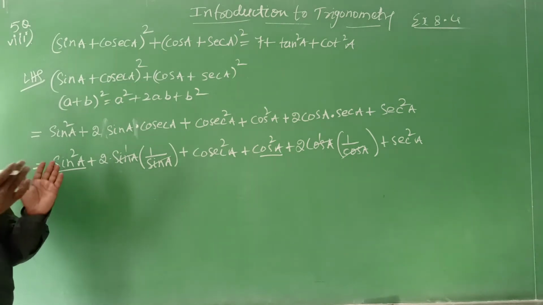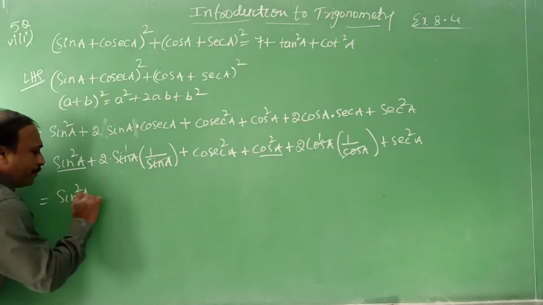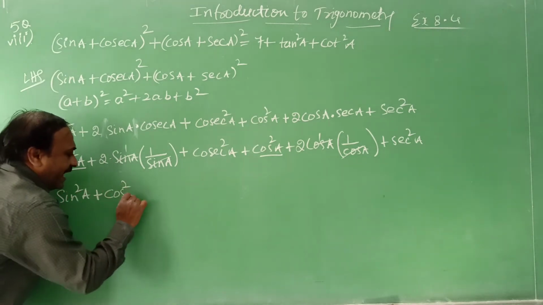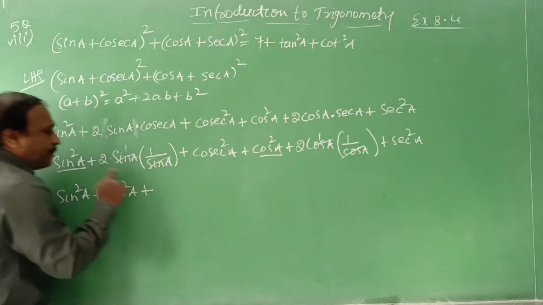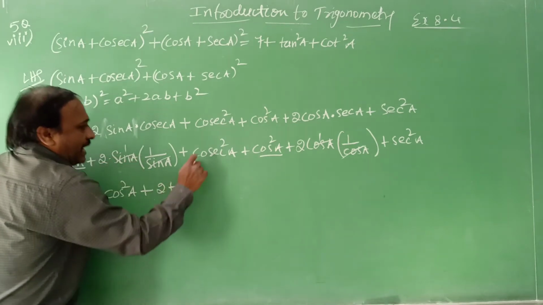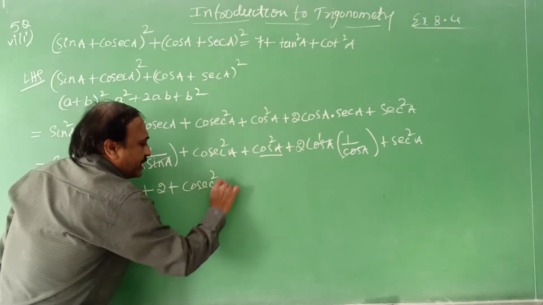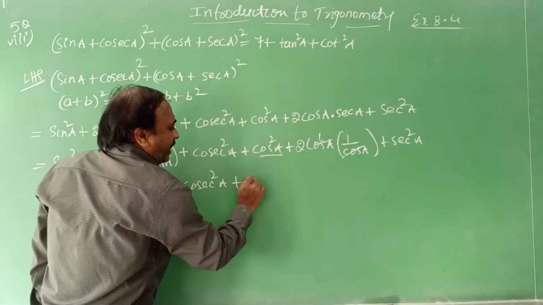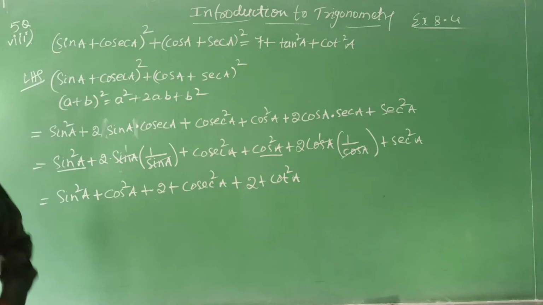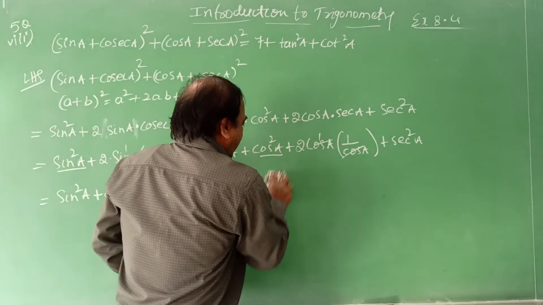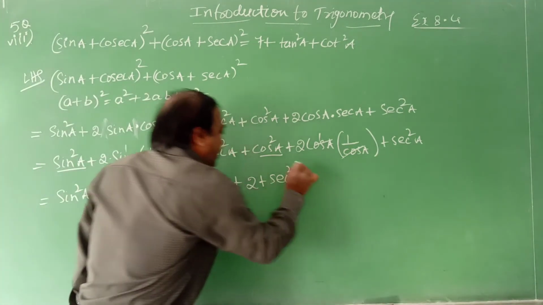So grouping together, bringing it to one place, it equals sin square A plus cos square A, plus 2, plus cosecant square A, plus 2, plus secant square A. Observe it now.